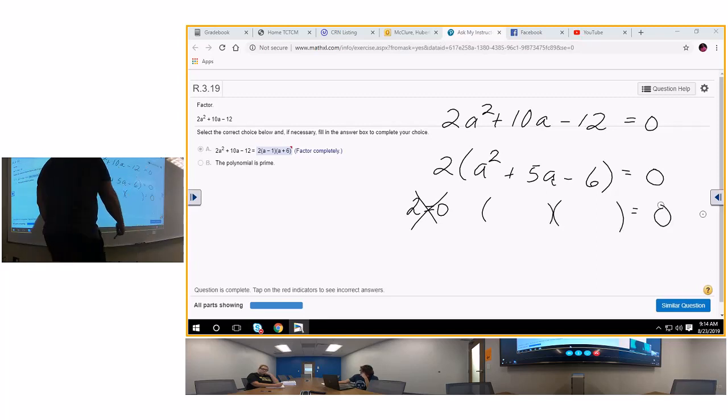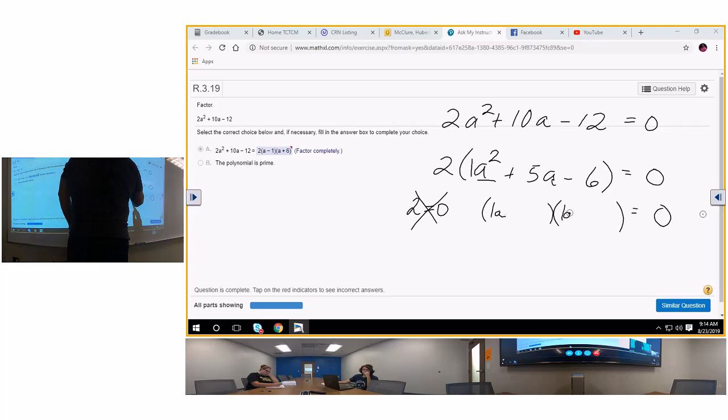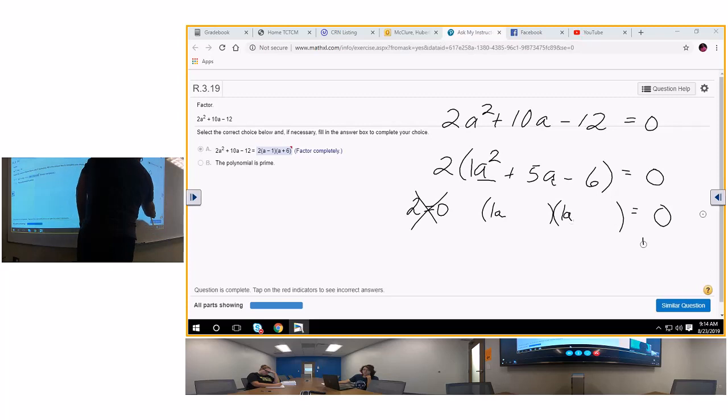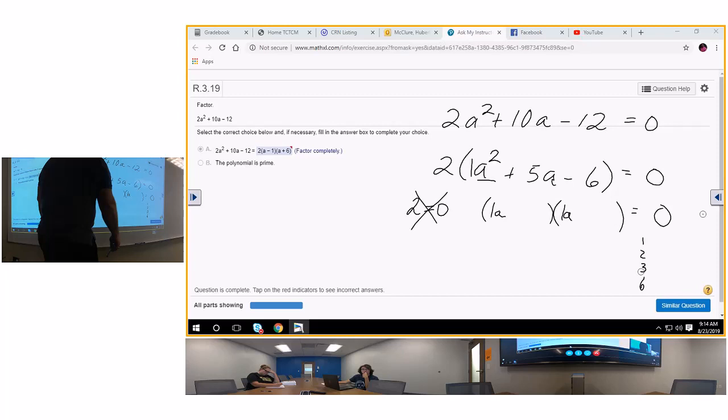this one. So break up the first term starting with 1. So that's going to be 1a and 1a. Can't screw that up because 1 times 1 will always give you 1. And then this one is going to be 1 times 6 and 2 times 3. Now you got to be careful here because you need a 5 here, and both of those will give you a 5. But this means unlike terms, so that means it's going to have to be the 6 and the what?